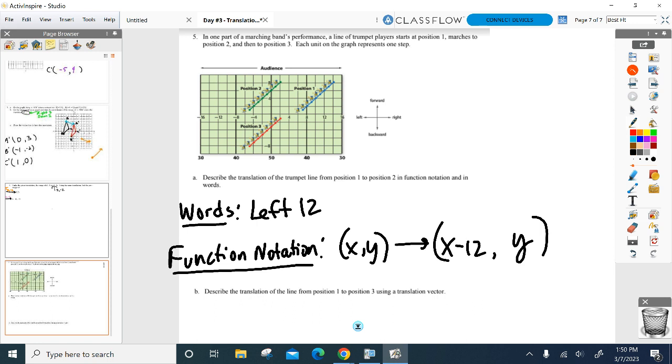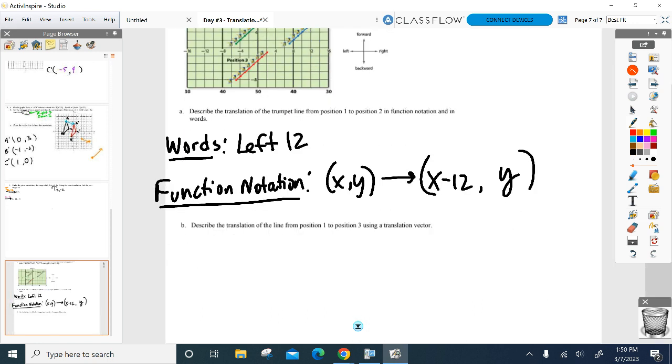All right. Last one. Let's go from 1 to 3 now, but put it in a translation vector.